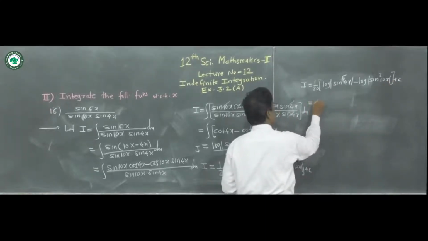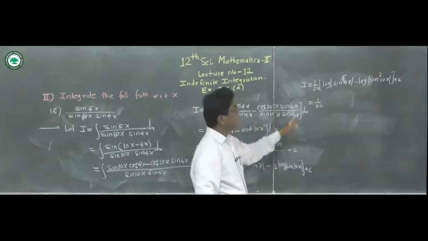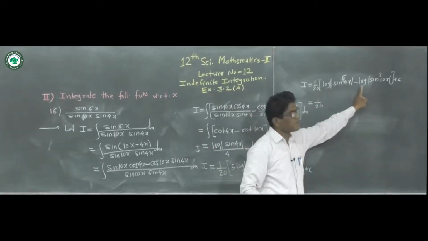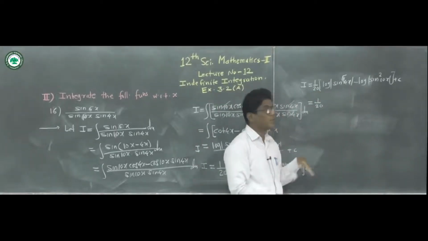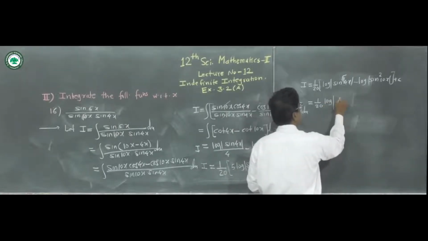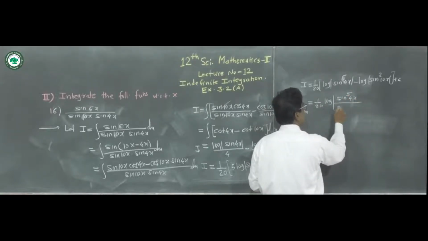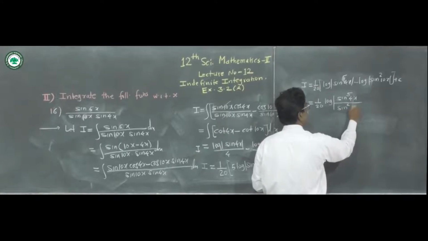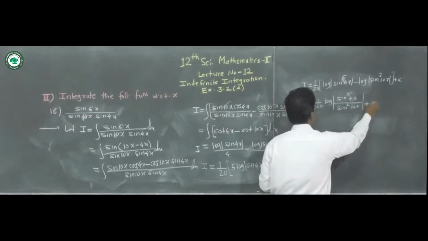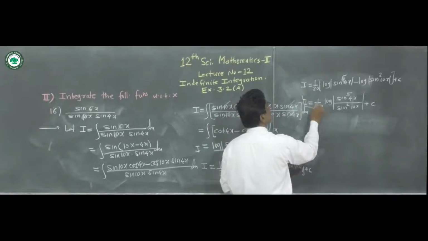So this is equal to 1 upon 20, and using the rule of logarithm, log a minus log b is equal to log of a upon b, and so we get here log of sine raised to 5 4x divided by sine raised to 2 10x and plus constant of integration. This is the final solution.